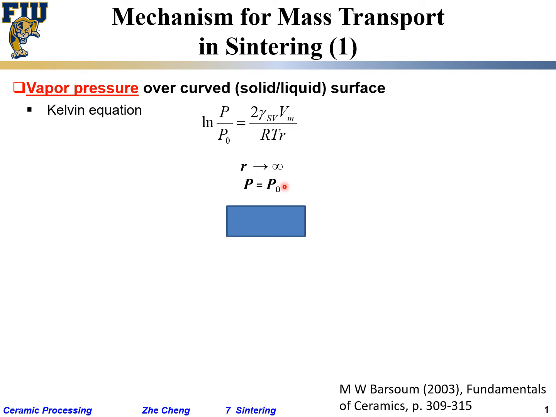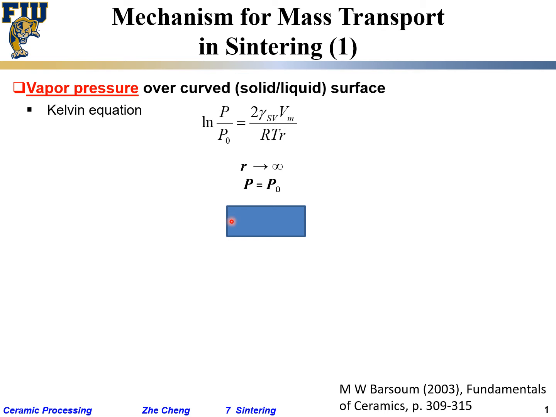For any material, there's always some vapor above it. At ambient conditions, the vapor pressure of the material is almost zero, like steel. The vapor of steel over a flat surface is essentially zero.